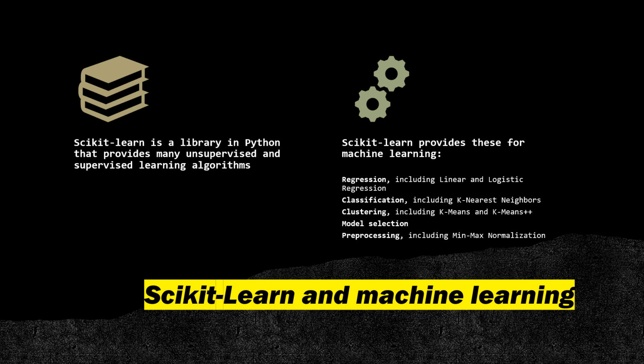Scikit-learn provides these for machine learning: regression, including linear and logistic regression; classification, including k-nearest neighbors; clustering, including k-means and k-means plus plus; and model selection and preprocessing, which includes min-max normalization.